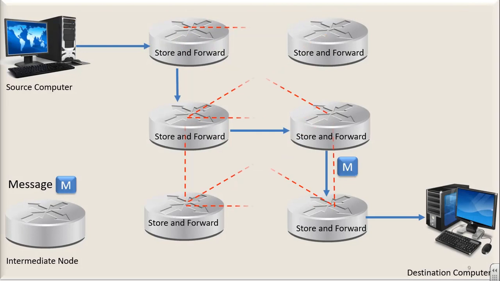It means in this particular example, these store and forward facilities will hold the message up to that time period till they find that the route is free, that the path is free. The moment they get the path is free, they will transmit the message.